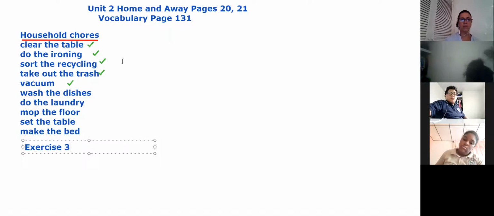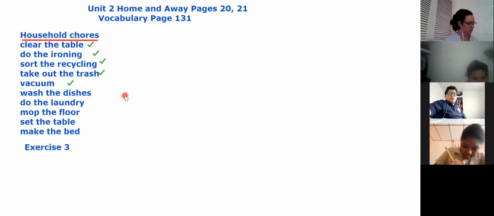We're going to work with these expressions: clear the table, do the ironing, sort the recycling, take out the trash, and vacuum. Now, the first sentence says, Josh is clearing the table. There you have it, it is written, okay? It is filled in. Why? You have here clear, but it's an action.